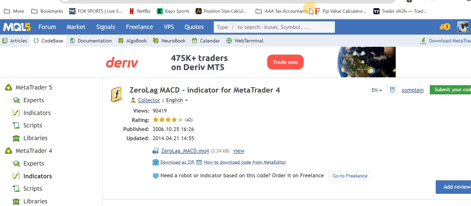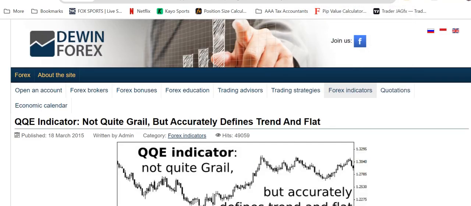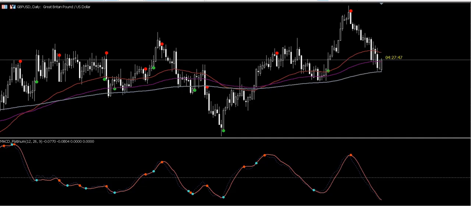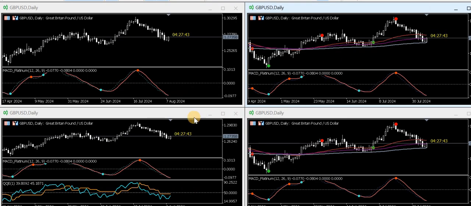All right, let's get into the QQE Advanced. Now, I'm not sure how I came across this. And I do use the settings 183, which I should have explained a little bit. So let's just go back a bit. All right, let's find that QQE Advanced. We'll use this one.